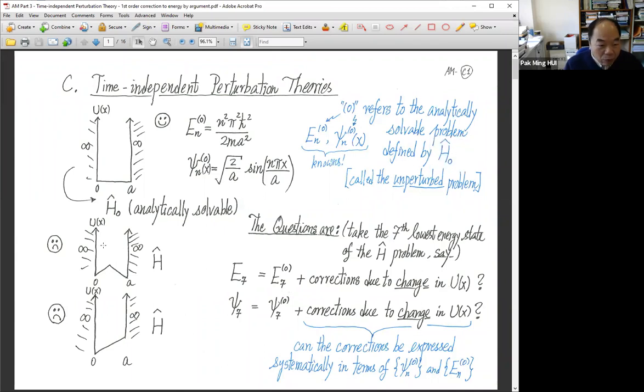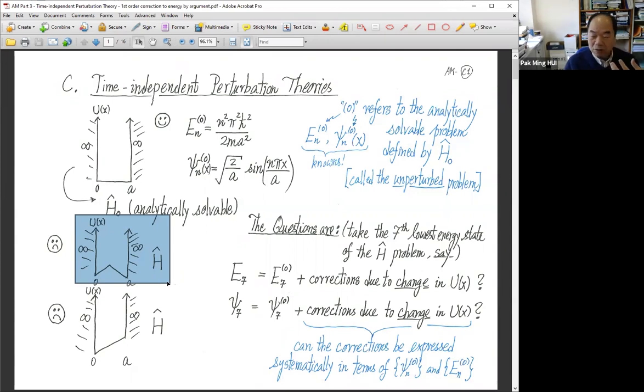Then we use this to solve some harder problem. For example, how about this problem? We don't know how to solve it, but we want to know all the eigenstates or eigenvalues, meaning all the allowed energies and all the wave functions that go with these allowed energies.